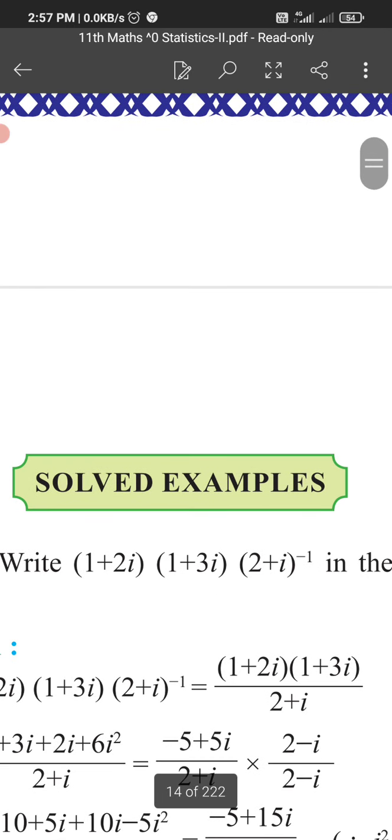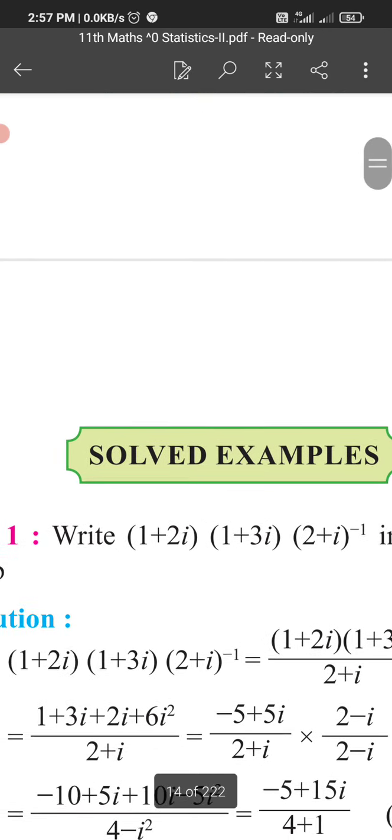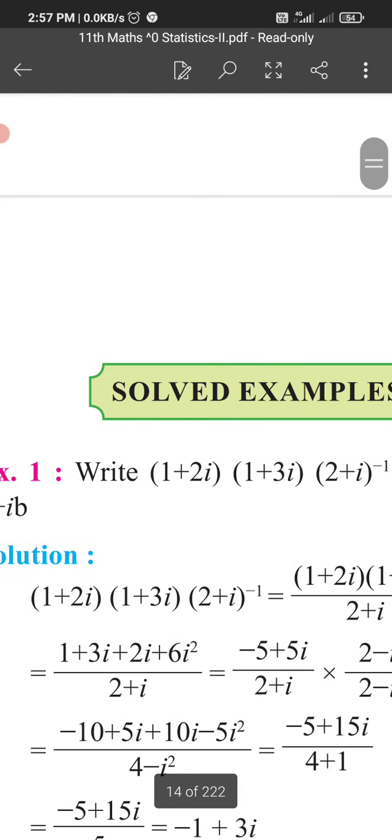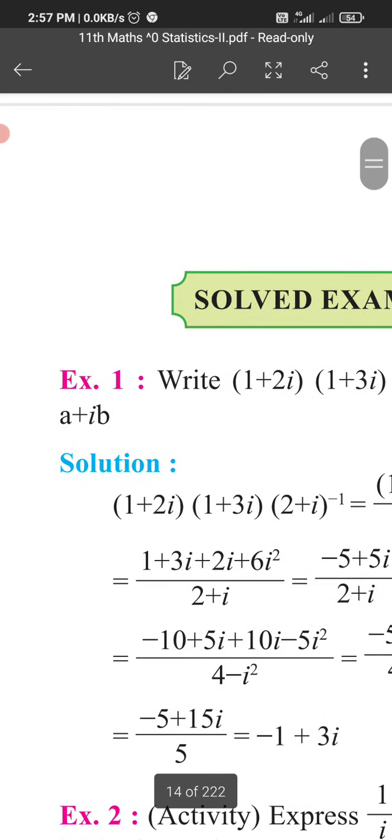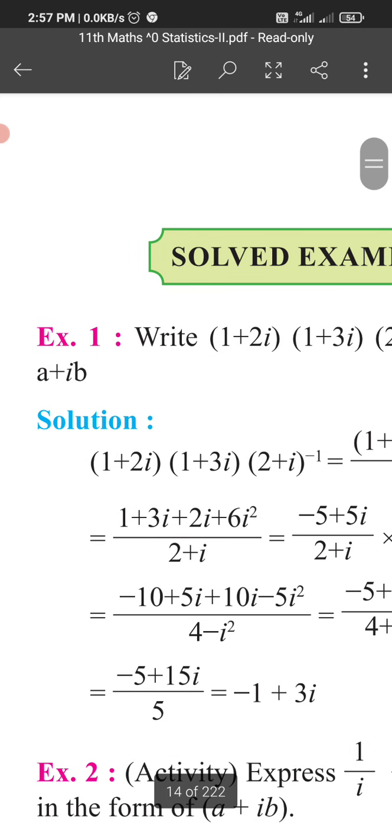Then see, a solved example. Write (1 plus 2i) (1 plus 3i) (2 plus i) inverse in the form of a plus ib. So first we write (1 plus 2i) times (1 plus 3i) times (2 plus i) raised to minus 1.